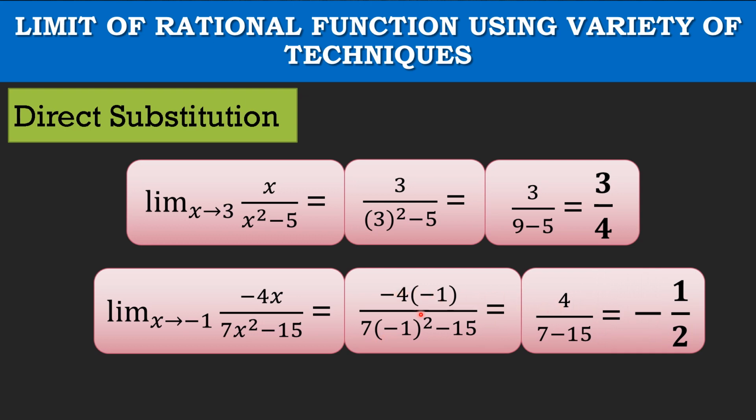Then we have negative 1 squared is 1 times 7. So we get 7 minus 15. Then we get 4 over negative 8, or that is negative 1/2. Hence, limit of negative 4x over 7x squared minus 15 as x approaches negative 1 is negative 1/2.